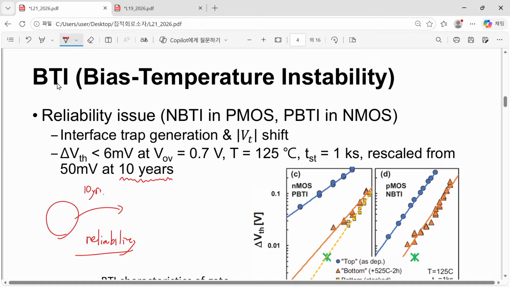And depending on the field, the degree of this guarantee is somewhat different. One of the most serious, the most strict ones, in our normal applications, would be automotive applications. If you buy your chip and insert it into your car, then it should survive 10 years.